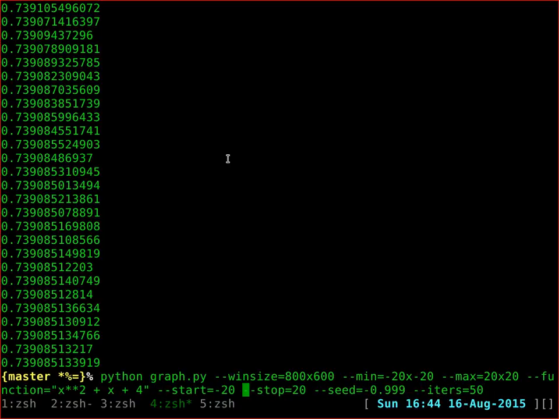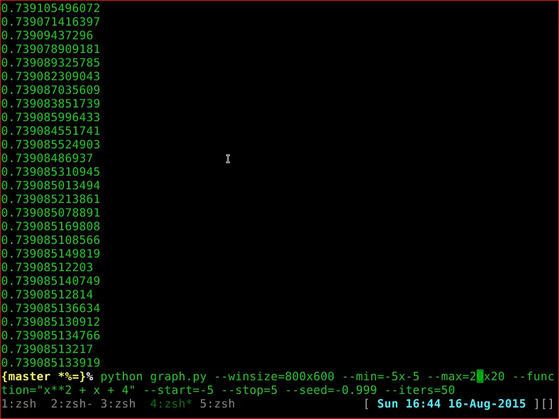And this function we'll plot from minus 5 to plus 5. We'll keep the whole graph fixed within that range so that we don't waste space, and we can see how this thing works.